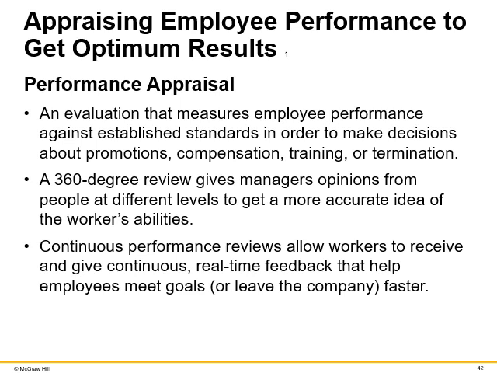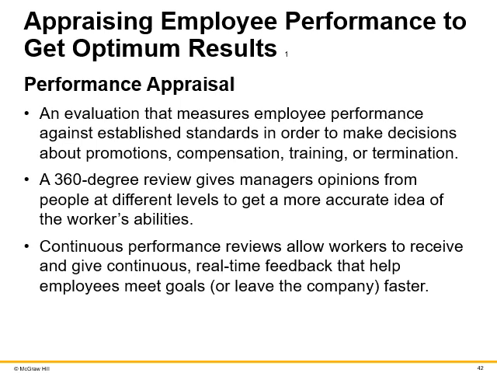One of the things that helps with appraising employees' performance to get optimum results is the performance appraisal. Managers must be able to determine whether their workers are doing an effective and efficient job with minimum errors and disruptions.